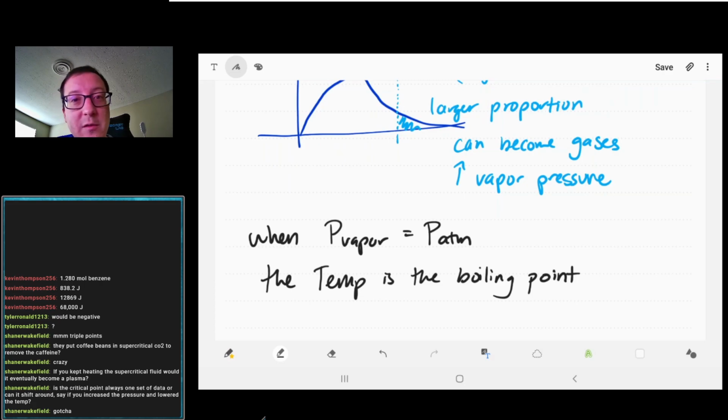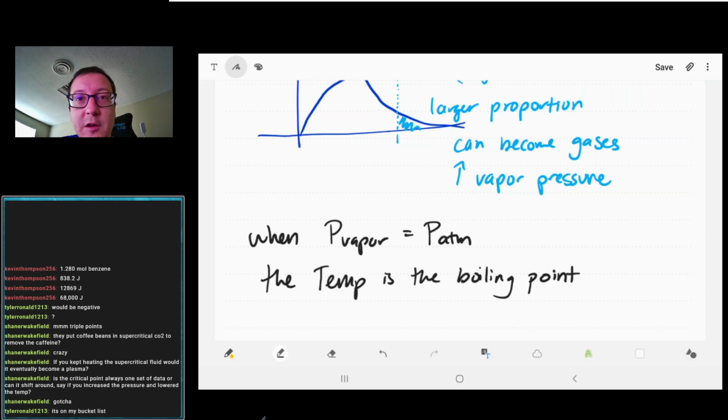And so that's why water will boil at 100 degrees at sea level. But if you go to Mount Everest, it only boils at about 75 or so degrees Celsius. Not that you would ever go there to just test this out, but you'd have a hard time coming up with all that energy to heat that up. So the temperature required for that vapor pressure is going to be your boiling point.